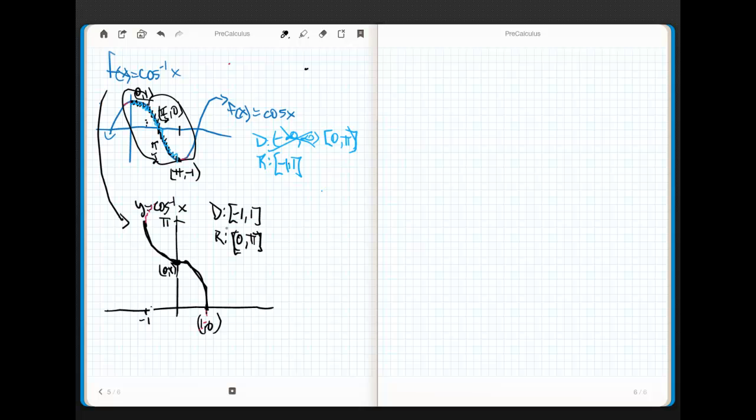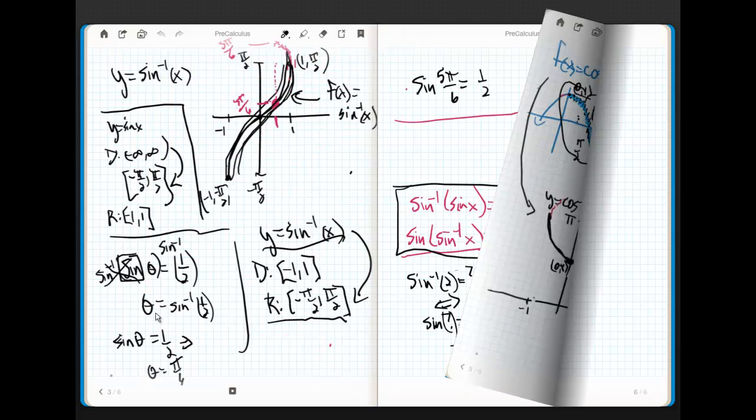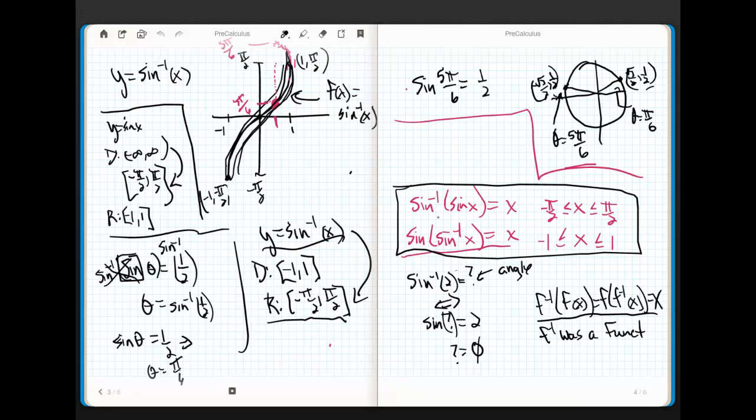Now, think about that for a sec. What that means is that arc cosine of anything can only spit out values between 0 and pi, the first two quadrants, very much similar to the arc sine, or the inverse sine, which can only spit out values in the first and the fourth quadrant, from -pi/2 to pi/2.